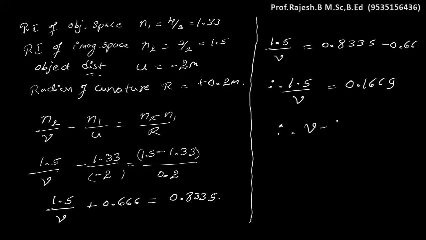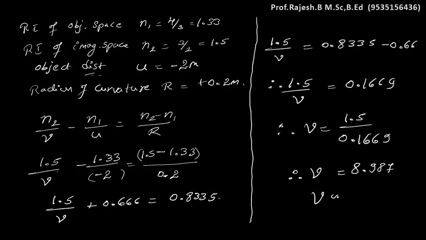Therefore, v becomes 1.5 divided by 0.169. Solving this, we get an image distance of around 8.9874, so approximately we can say it is at 9 meter. So it is in the second medium. Got it? This is the position of the image.